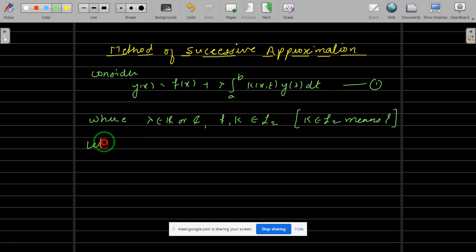So let y0 of x denote the zeroth approximation to the solution y of x of equation 1. You take this y0 of x as your zeroth approximation.